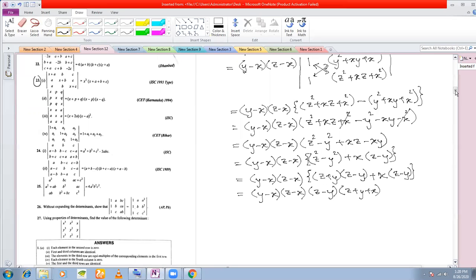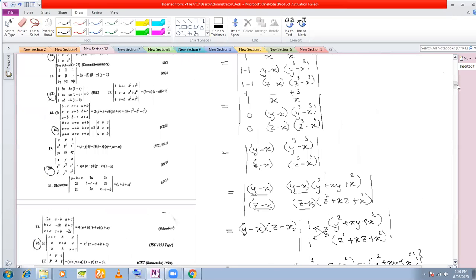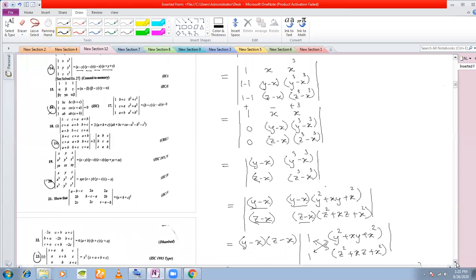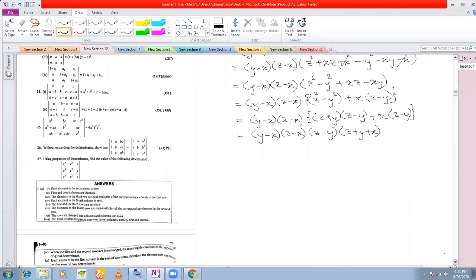And what you needed to prove here? Sorry, not this. My mistake. Which problem was this? You needed to prove x minus y, y minus z, z minus x, and x plus y plus z. Have we got here? Let's see. X minus y. This is y minus x, so I can take minus common. So I can write this as minus x minus y.